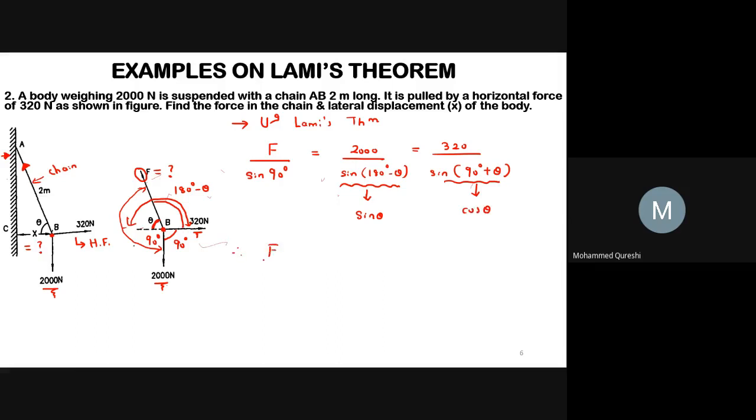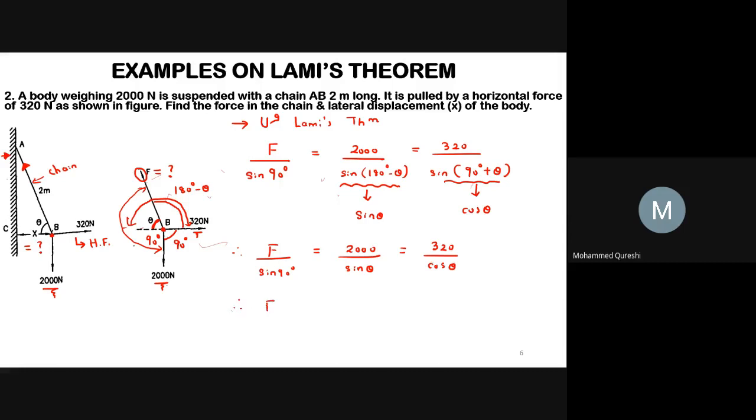Therefore, F upon sine 90 equals 2000 upon sine theta equals 320 upon cos theta.